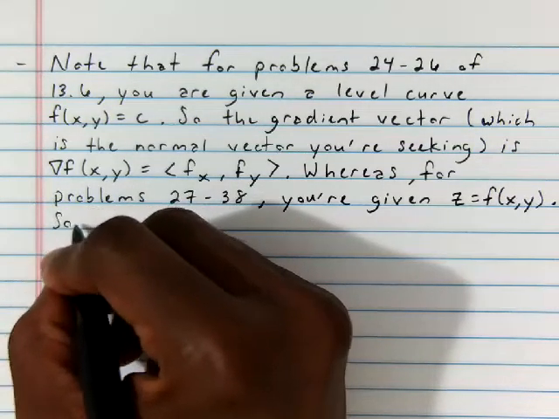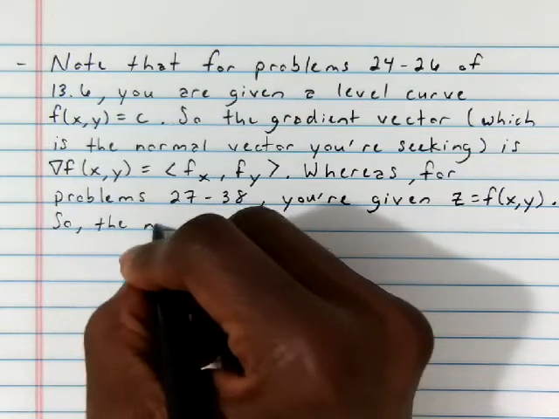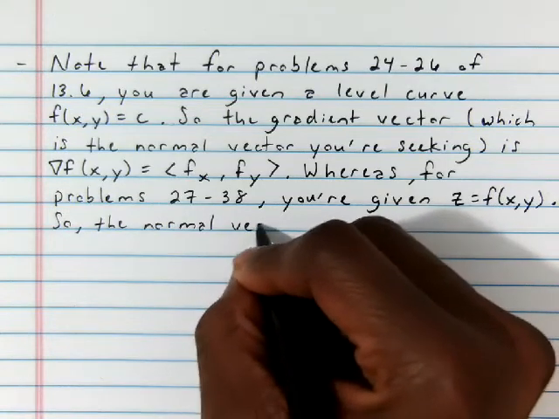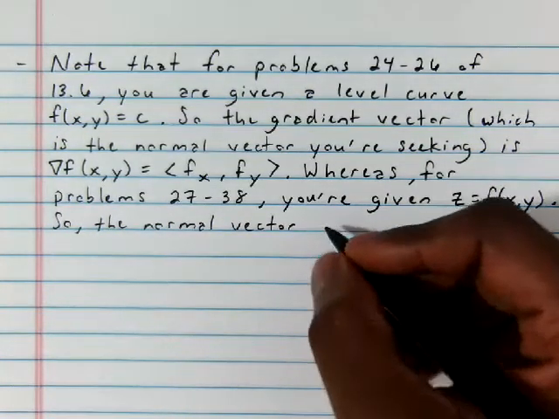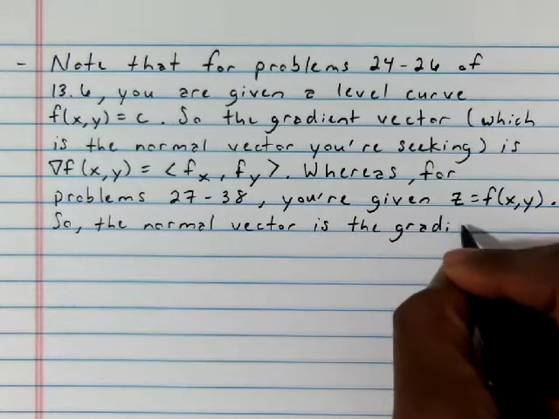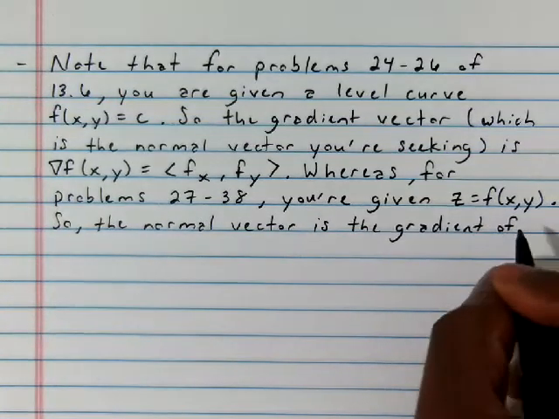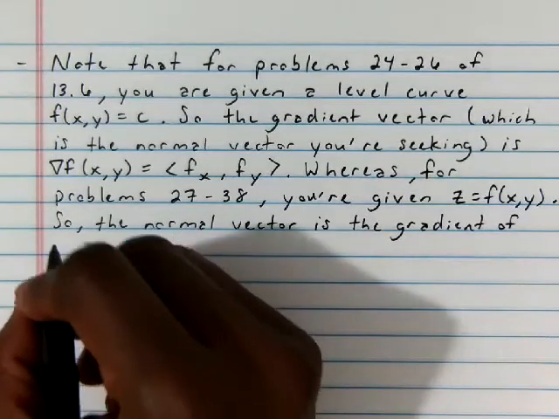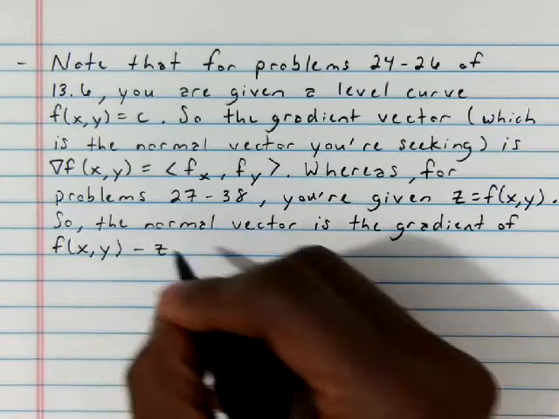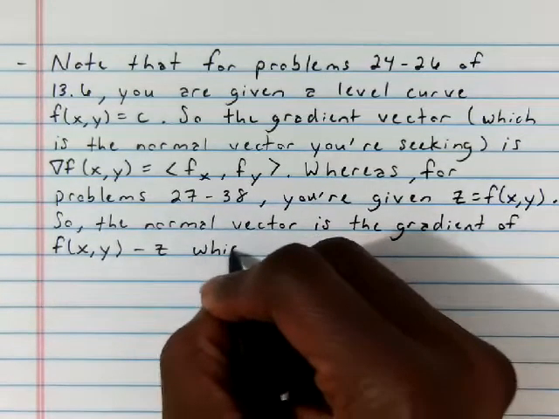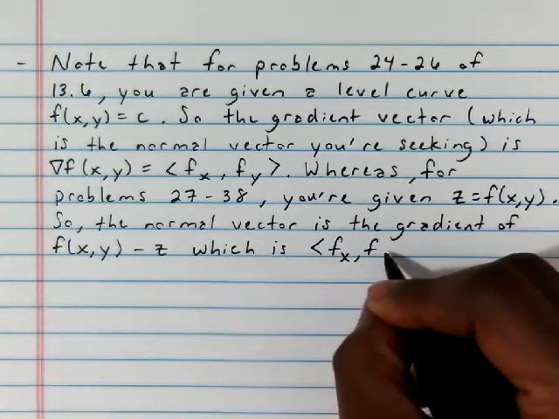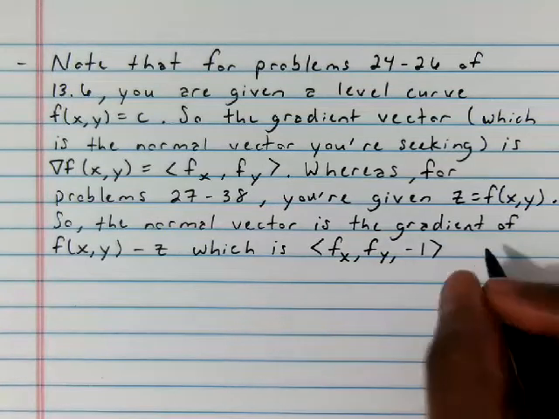So the normal vector is the gradient of f of x y minus z, which is f sub x comma f sub y comma -1.